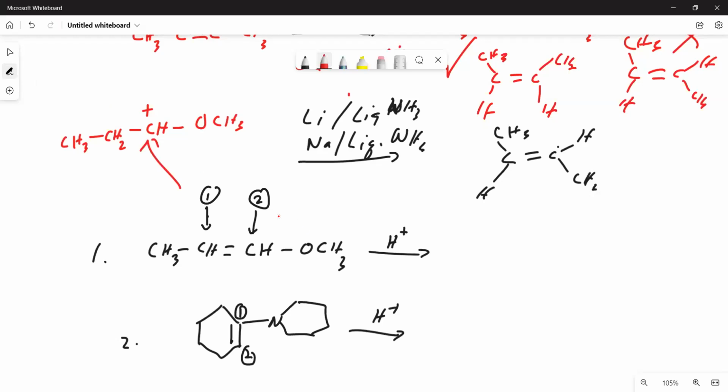If you attach the electrophile here, you will have CH3, CH plus, and you have CH2, OCH3. Whereas here, if you attach the electrophile at number 1, you will have this intermediate. You will have the hydrogen here.